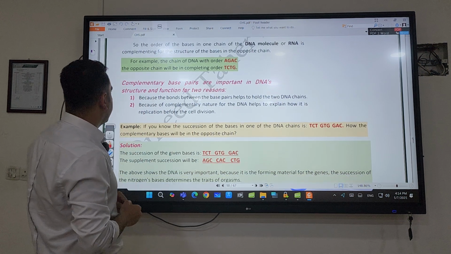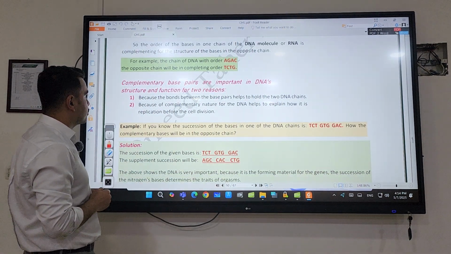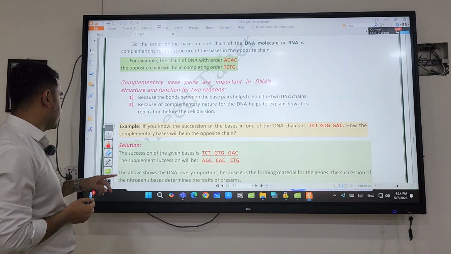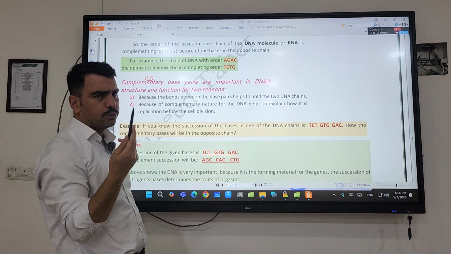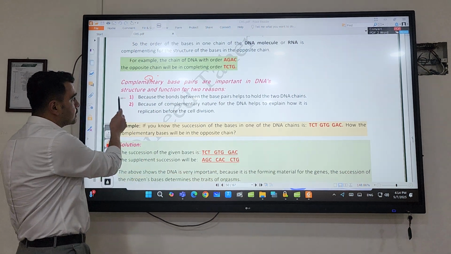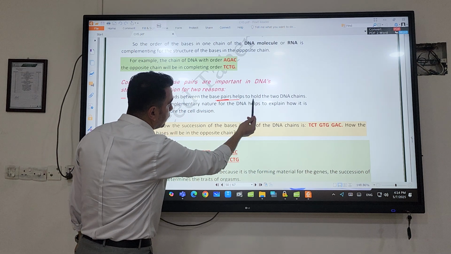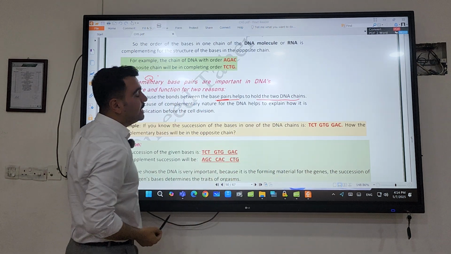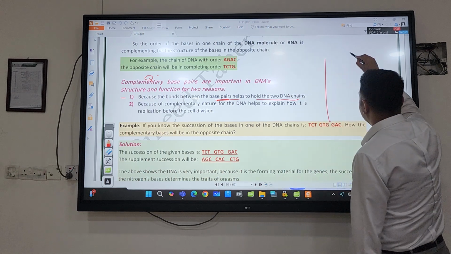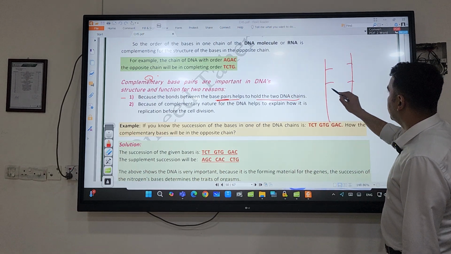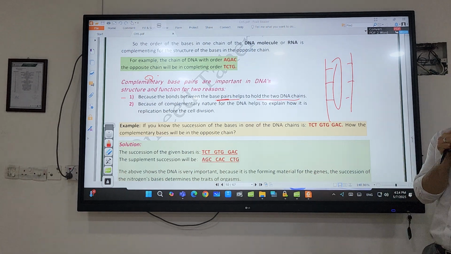There is something else. Complementary base pairs are important in DNA's structure and function for 2 reasons. Also, there can be an exam question. They can ask you why it's important, for 2 reasons. First, because the bonds between the base pairs help to hold the 2 DNA chains together. Just imagine if you have these 2 chains like this, there will not be any connection between them.